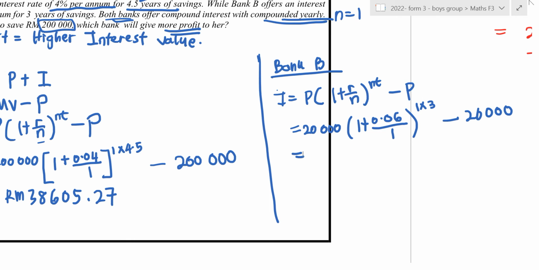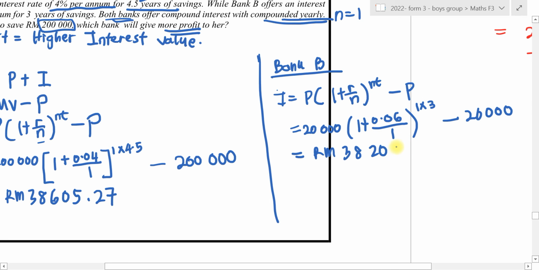How much? 3820.32. No, I think you pressed wrongly somewhere. Oh, I think I did it wrongly. It's not 20,000, it's 200,000. Add one more zero. So you'll get something like, okay, it's 200,000, not 20,000. My bad.